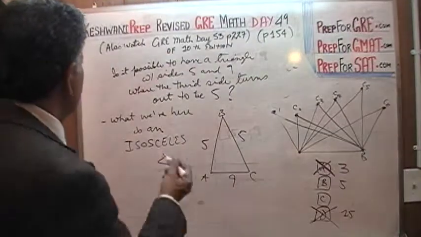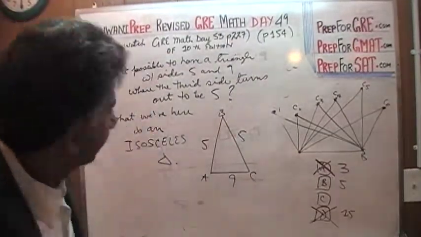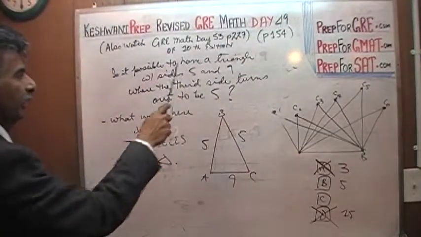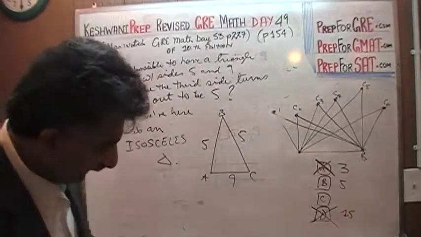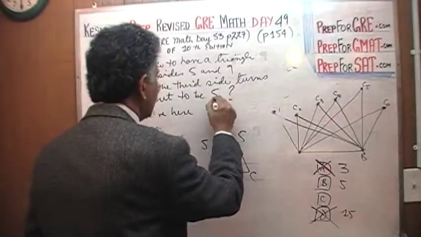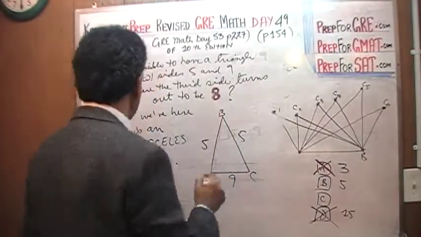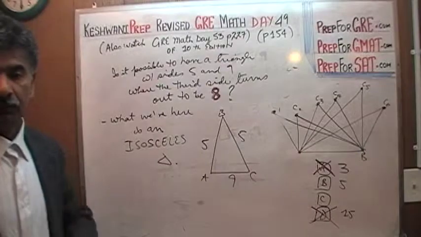Is it possible to have a triangle with sides 5 and 9 where the third side turns out to be 8? To which the answer is, why not?